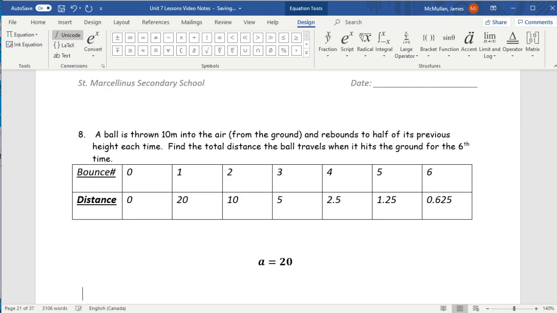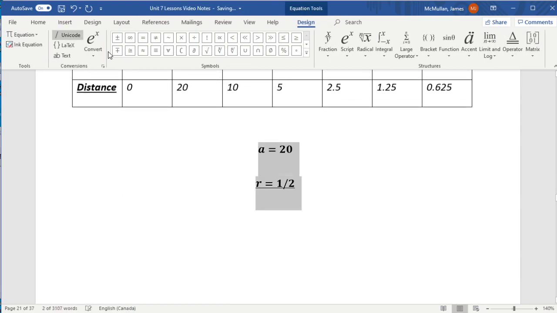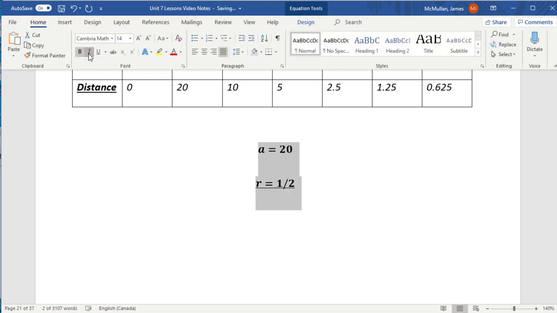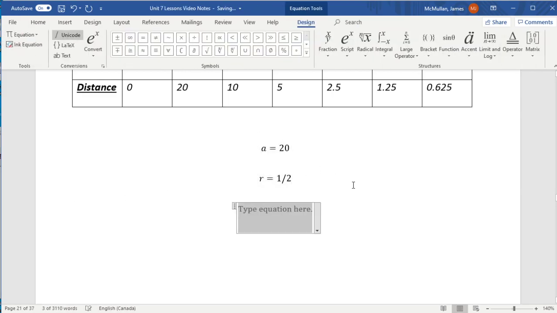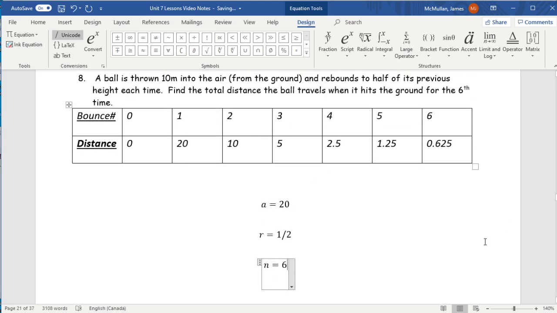A is 20. It's the first term. R is 1/2. Now, the number of terms, we know there are 6 terms. There's 6 bounces, right?